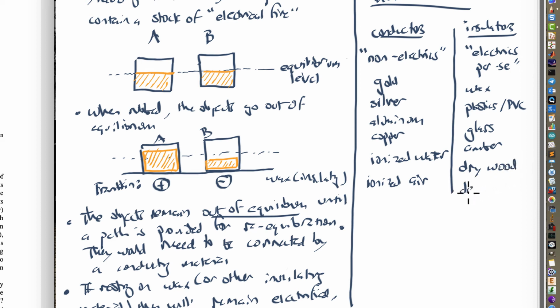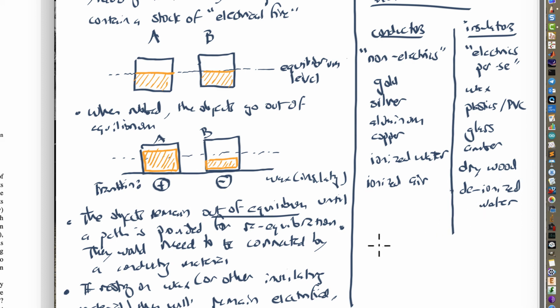If you have deionized water, so if you take all of the ions, the conducting charges out of the water, it will be deionized, and that will be a good insulator. And by the way, these are general classifications, but certain things are better conductors, certain things are worse conductors, certain things are better insulators, certain things are worse insulators. So there's a continuum here, but we tend to classify things like this.